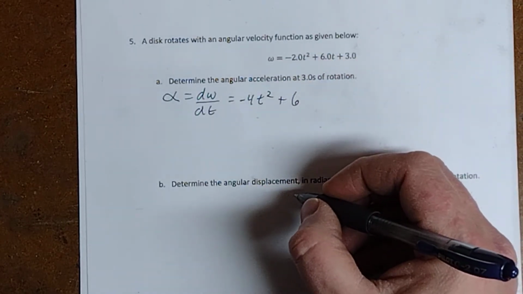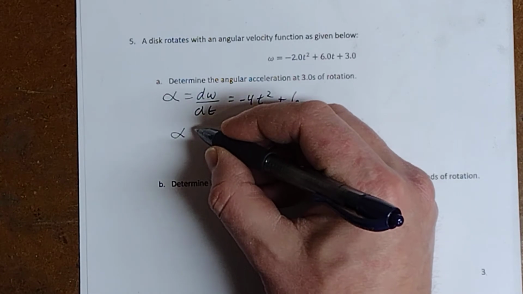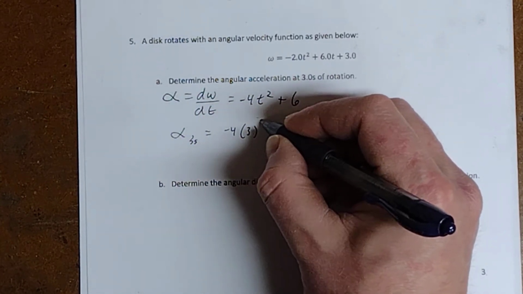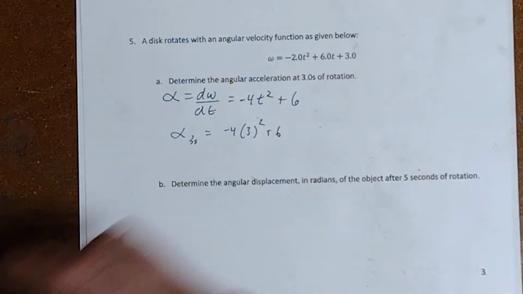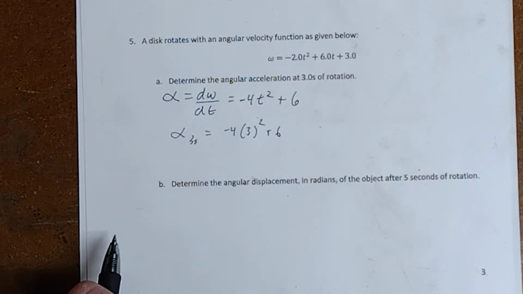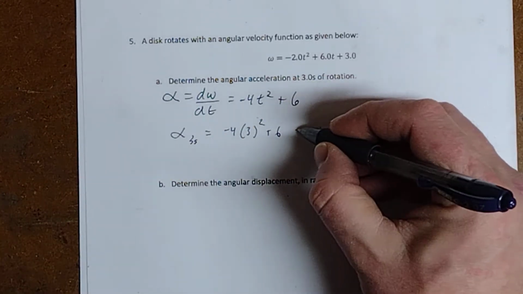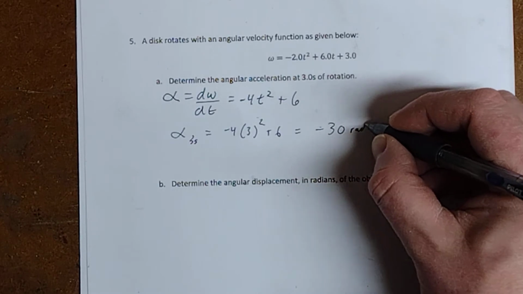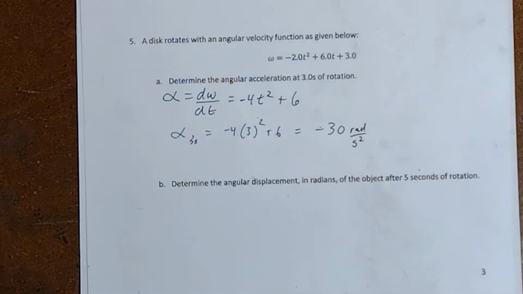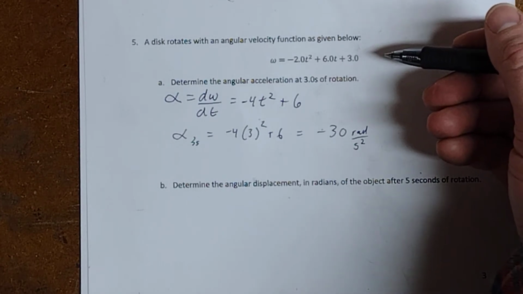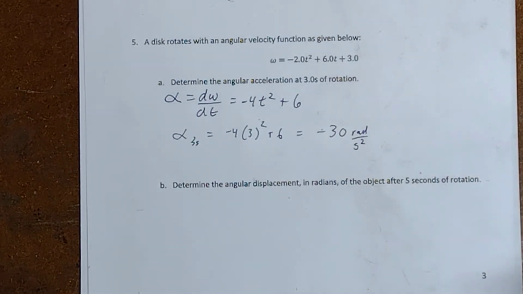That's it. Plug in 3 seconds, so acceleration at 3 seconds equals negative 4 times 3 squared plus 6. So negative 4 times 9, that's negative 36 plus 6 is negative 30. Negative 30 radians per second squared. So be careful of the units. I should probably make a note here that this would give units of radians per second, right?